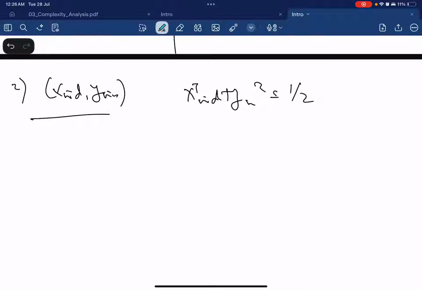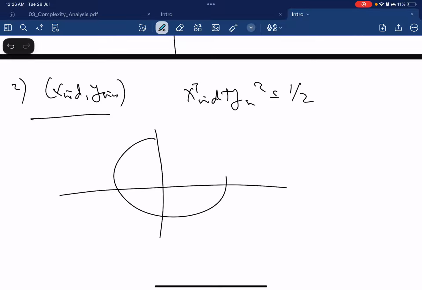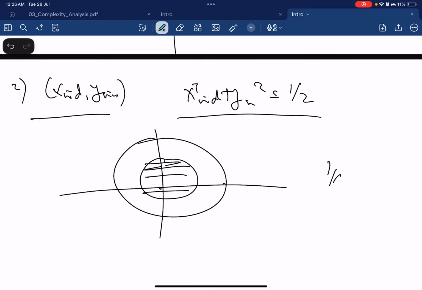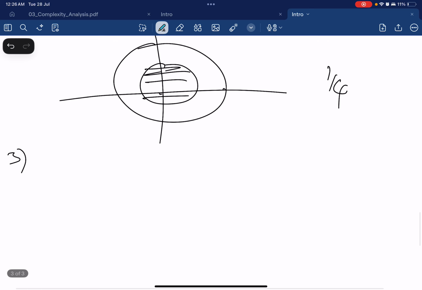So x mid can range from 0 to 1, y mid can range from 0 to 1, so it's a circle. x mid squared plus y mid squared less than or equal to half is this half-radius circle, so 1/4 is the fraction.